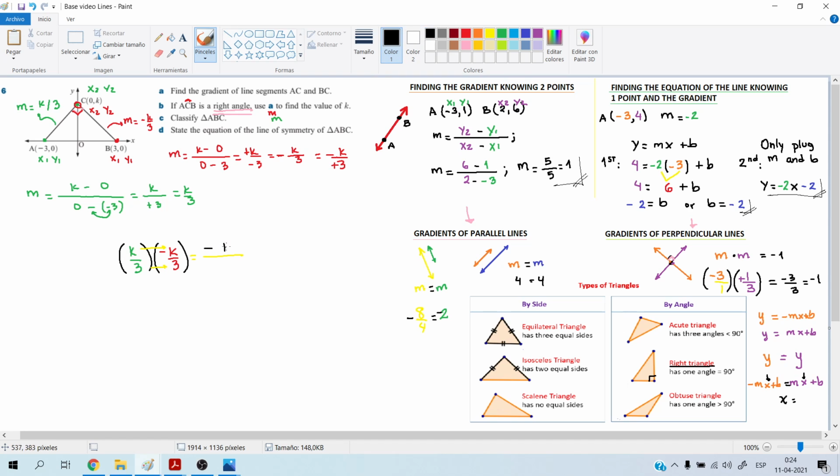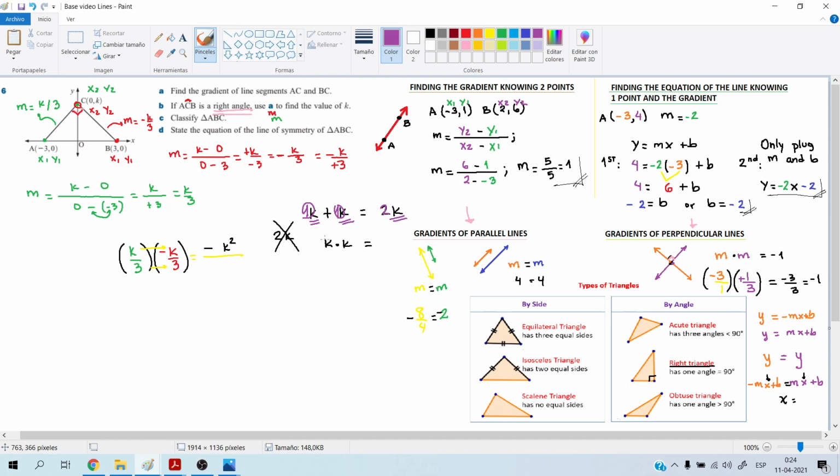K times k, k squared, is not 2k. It's not 2k. K plus k, yes, this is 2k. But k times k is this. Look, you have a number 1 here and a number 1 here. 1 plus 1, 2. And that one was 1 house plus 1 house, 2 houses.